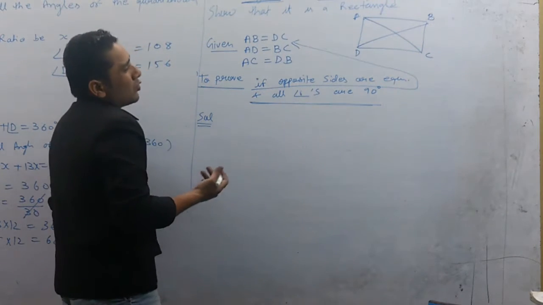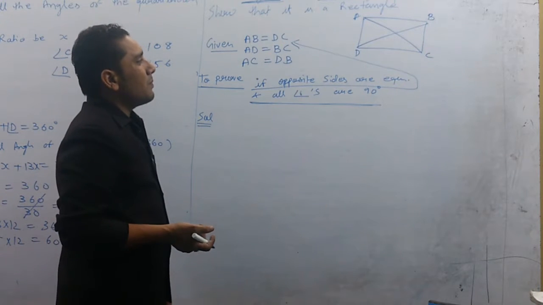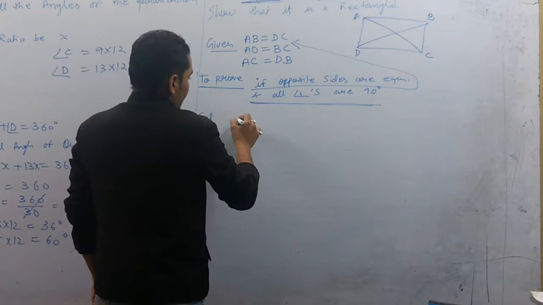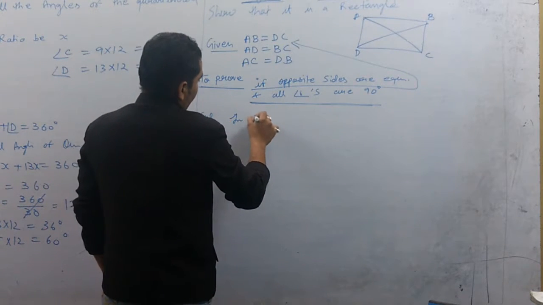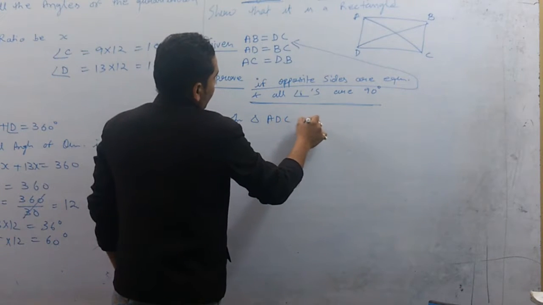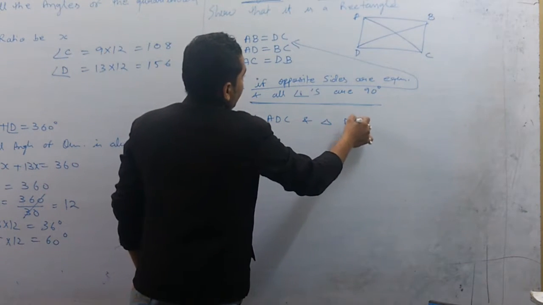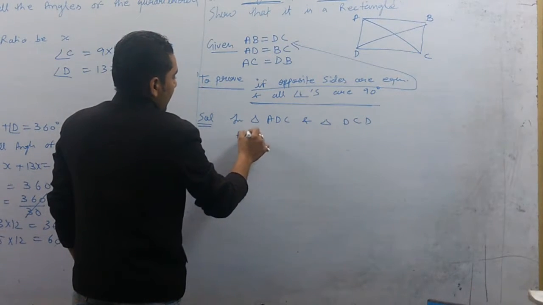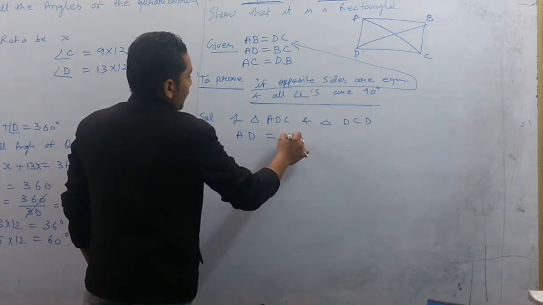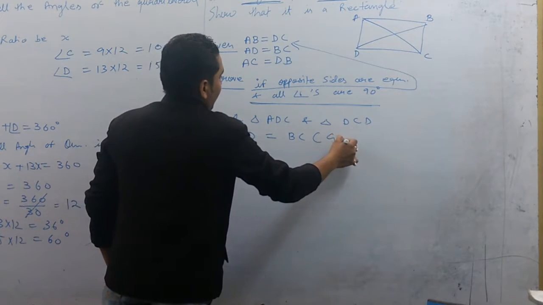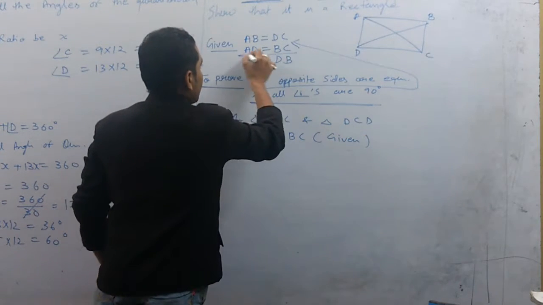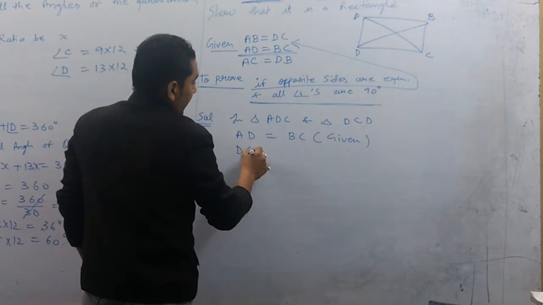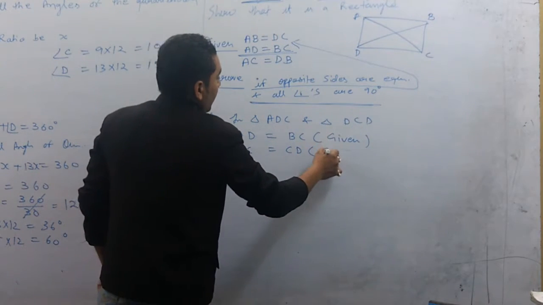There are many ways to solve this question, but the simplest we try is this. In triangle ADC and triangle BCD, AD is equal to BC, we have this given. Second thing, DC is equal to CD, common.